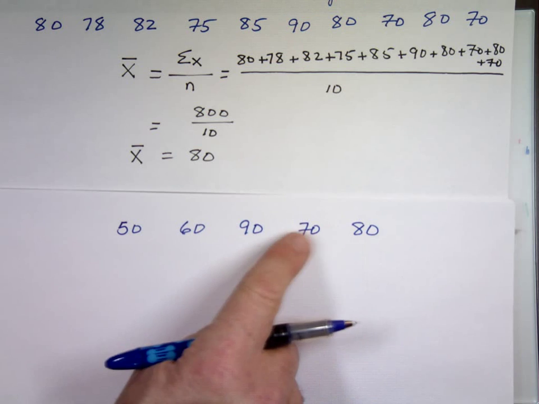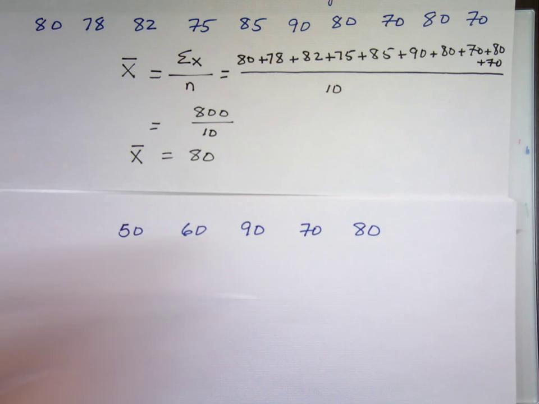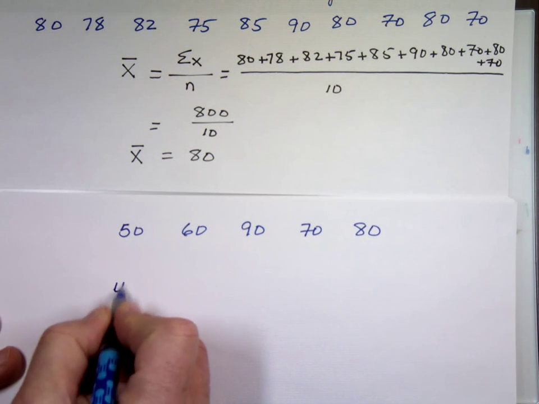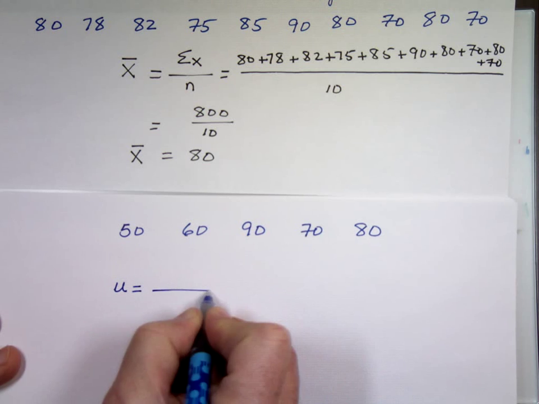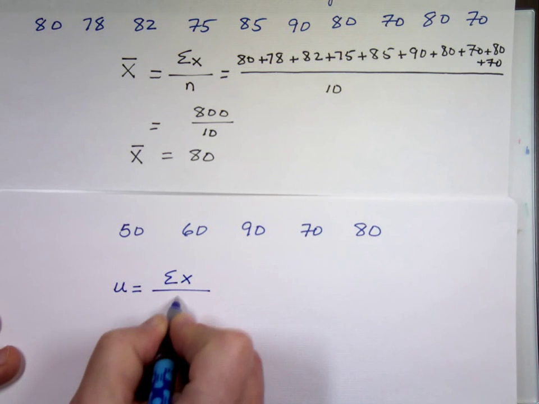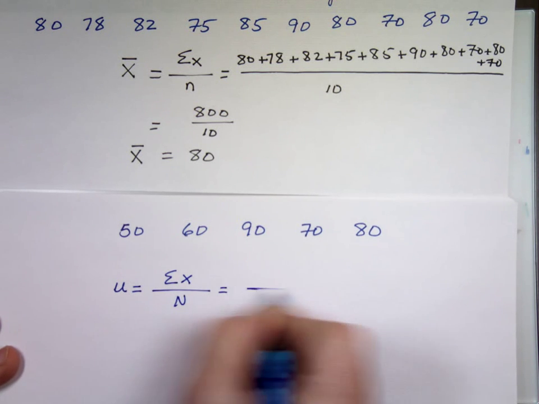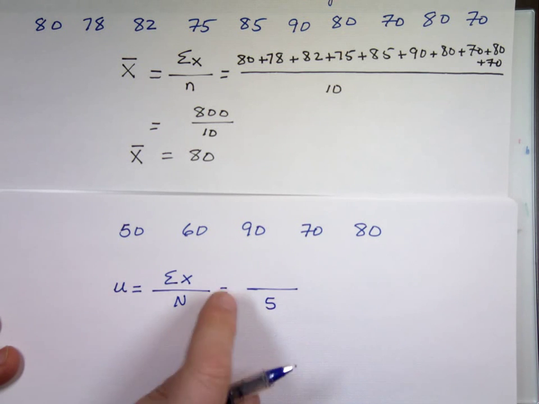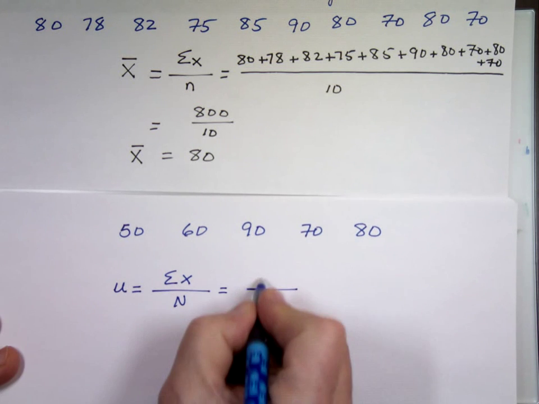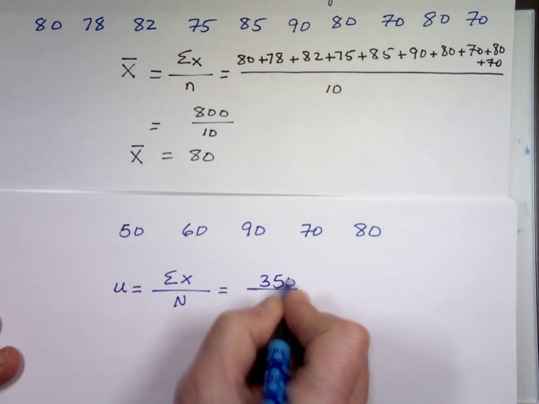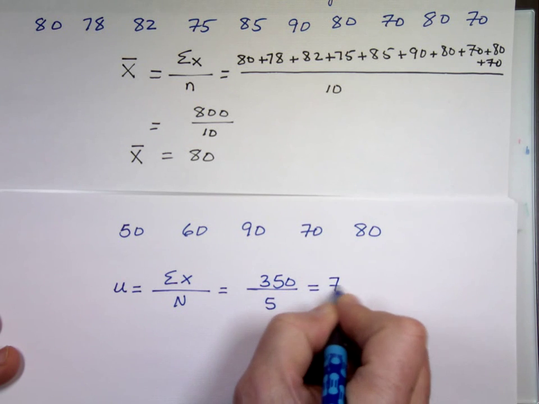I took the score of each student, wrote them down. I'm going to calculate the average. Is that X bar or mu? Mu. Why? Because we're doing every student. I have 5 people, 200, 350. 350 divided by 5, the average is 70.